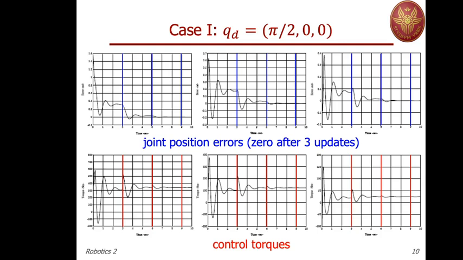And you can tell from the second row of plots, which are the control torques being applied during the iteration, that you will start with some oscillatory behavior of torques until you're stabilized to a certain value. When you update the control torque, in fact, you update only the feedforward term, so you're changing the torque that you're applying. So the torque is no longer the one that guarantees to be in an equilibrium, although a false equilibrium, not the desired one.